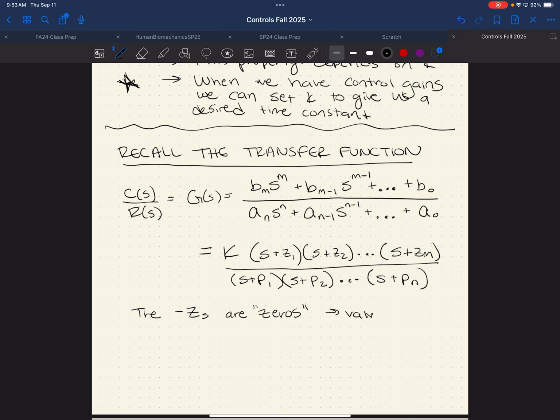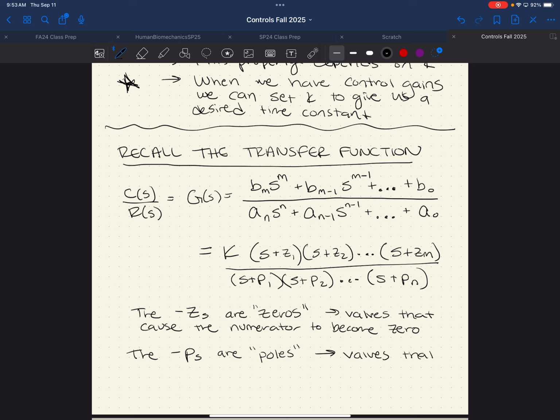These are values that cause the numerator to become what? 0. And the negative P's are poles. Values that cause the denominator to become 0.